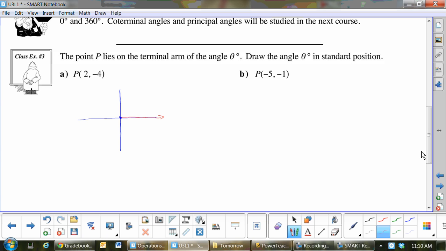Picture it. 2, -4 would be, okay, so let's call that 2. -4 would be 1, 2, 3, 4. So it'd be about right there, right? So this is where it's going to terminate. So the angle would be this right here. And we're going to call that theta. Now just so you know, theta is like a circle with a line through it, and that's unknown angle.